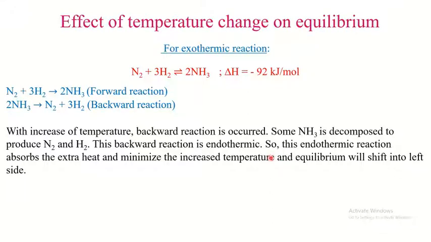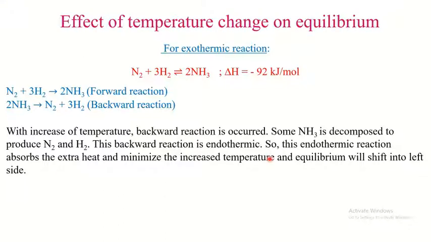And when the backward reaction rate is increased, then equilibrium will shift to the left side. Dear students, when the forward reaction rate is increased, equilibrium will shift to the right side, and when the backward reaction rate is increased, equilibrium will shift to the left side.